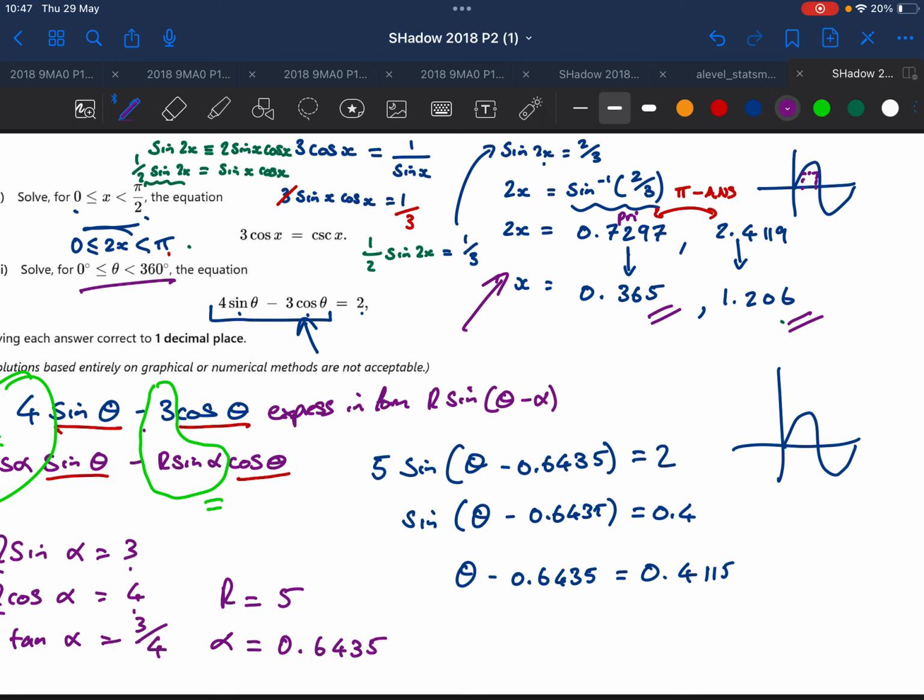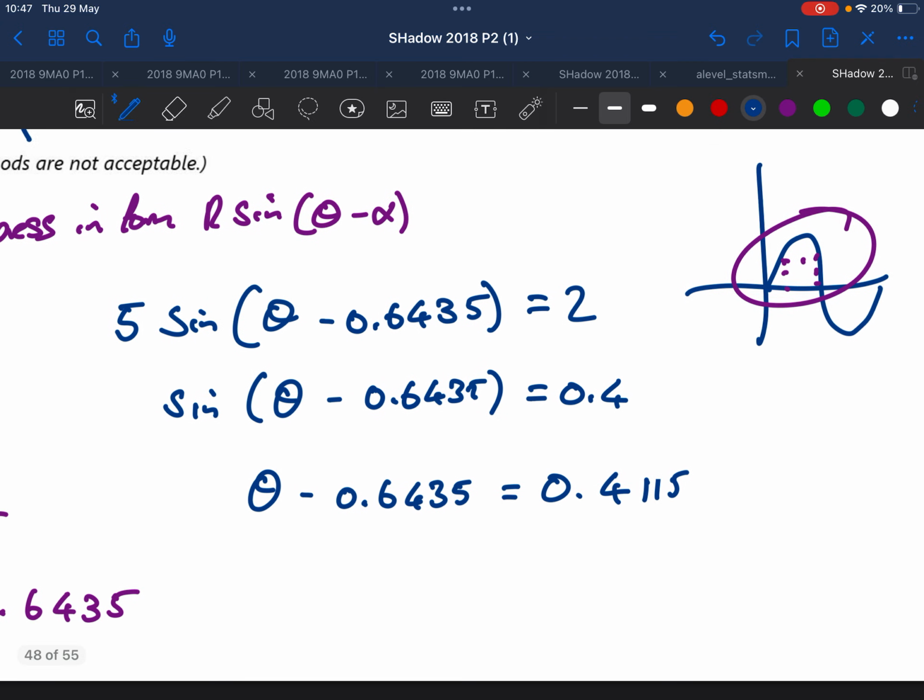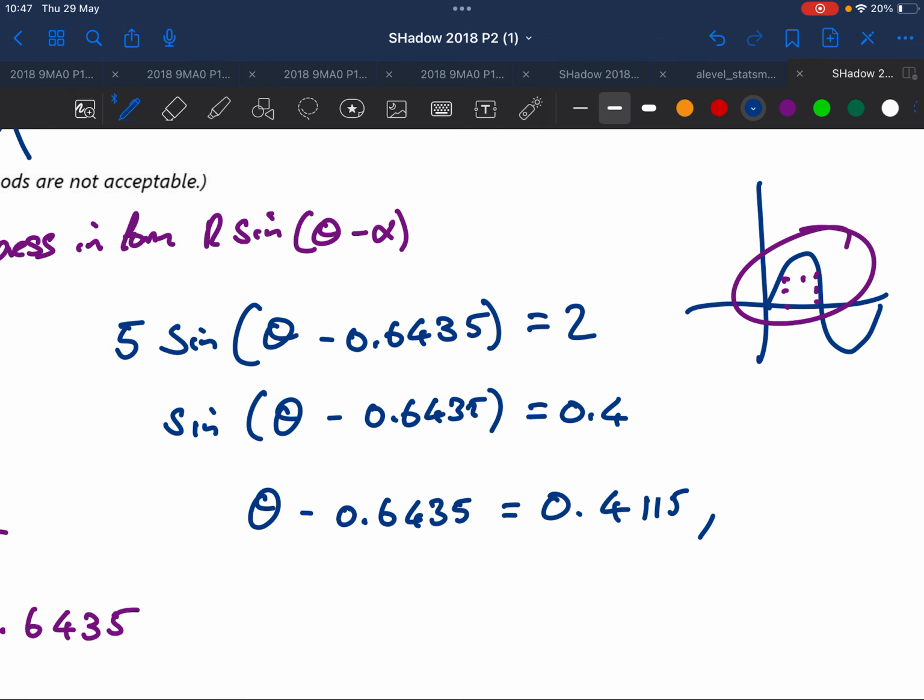So I'd be thinking about two solutions from that part there. I've already got one, so I need the partner value. This is a bit like we did on the other one as well. So how would I get the other one? To get the other one, I would do pi minus that answer.